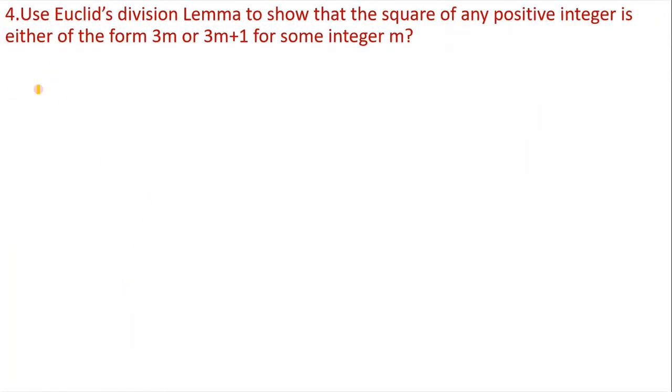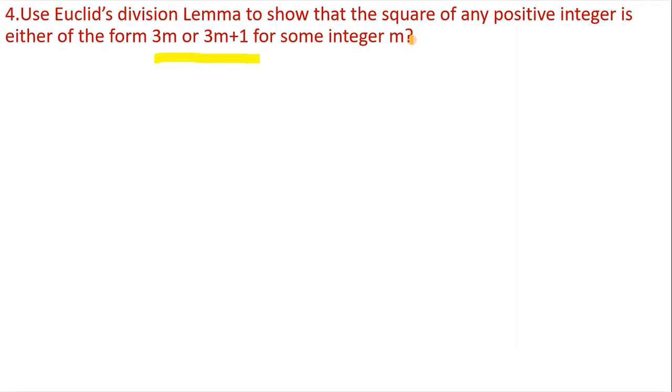Fourth question. Use Euclid's division lemma to show that the square of any positive integer is either in the form of 3m or 3m plus 1 for some integer m. Okay. Now we all know that the general equation of Euclid's division lemma is a is equal to bq plus r, where the range of r lies between 0 less than or equal to r less than b.